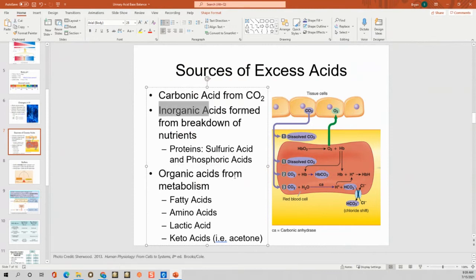So inorganic acids, you're going to end up with excess sulfuric acid and phosphoric acids, versus organic acids. These are the ones that you guys think about the most. So, triglycerides and proteins. This is where we're going to end up getting more fatty acids and amino acids, lactic acid from exercise.